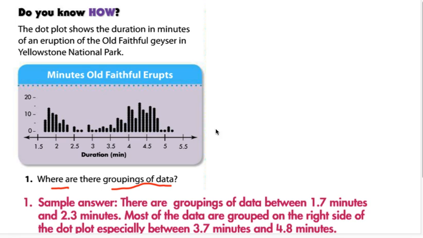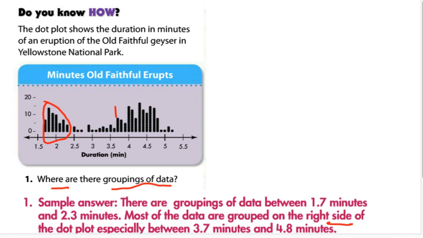There are groupings of data between 1 and 7/10 minutes and 2 and 3/10 minutes. So right here is a grouping of the data. Most of the data are grouped on the right side of the dot plot, especially between 3 and 7/10 minutes and 4 and 8/10 minutes.